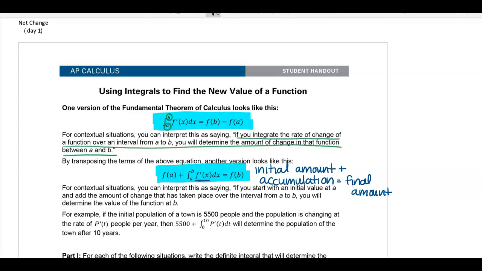A derivative is just a rate of change. And so if we think of how the integral of a rate is going to get our accumulation, that brings this together a little bit. So initial amount, plus accumulation, which is the integral of a rate, gives you your final amount.